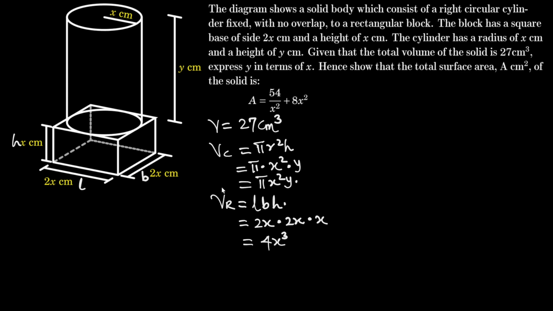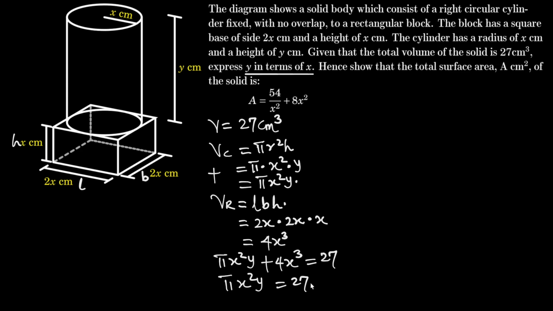Now the combination of these two volumes, which is VC and VR, equals 27 centimeter cube. So in the end, we have pi x squared y plus 4x cubed equals 27. Now since we are asked to express y in terms of x, then we do pi x squared y equals 27 minus 4x cubed.